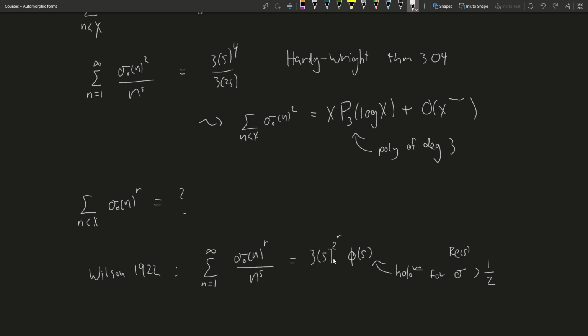So he basically says it's the 2 to the rth power of the Riemann zeta function.